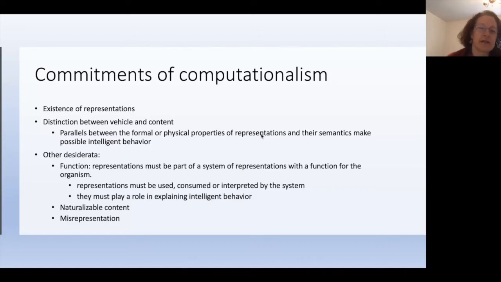Another one, which is not a problem for this kind of approach, at least applied to things like neural activity, is to have naturalizable content. So we want to have a naturalistic account of semantic content. And another thing that Fodor actually put a lot of weight on is that any account of representation has to give you a plausible account also of misrepresentation.